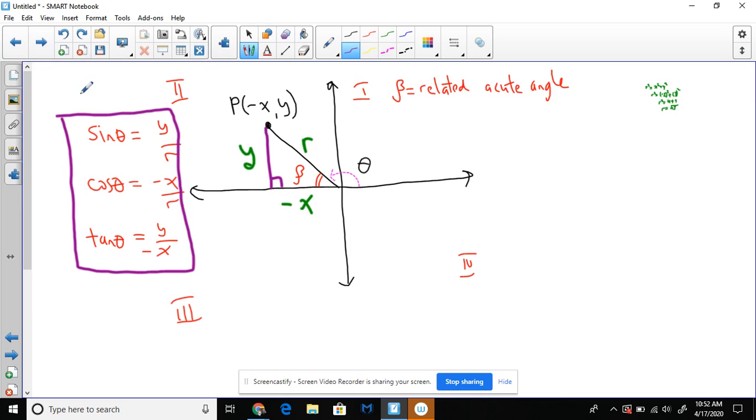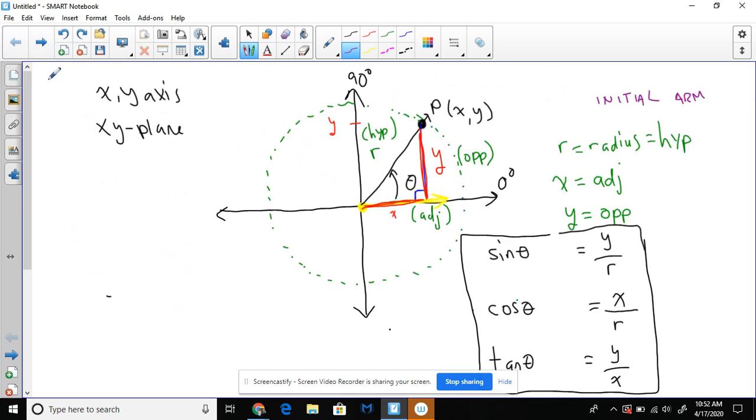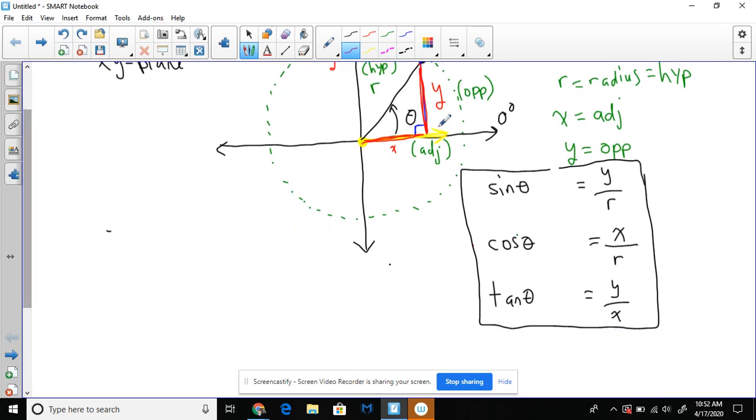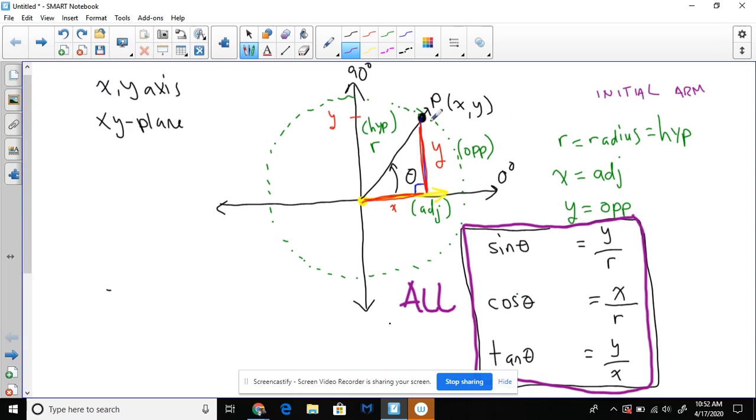Now let's just compare these values to the ones here, okay? So notice the letters are all the same, right? The only difference is the negative. So notice here, cos is positive, tan is positive. All of my ratios in quadrant 1, this one up here, are positive.